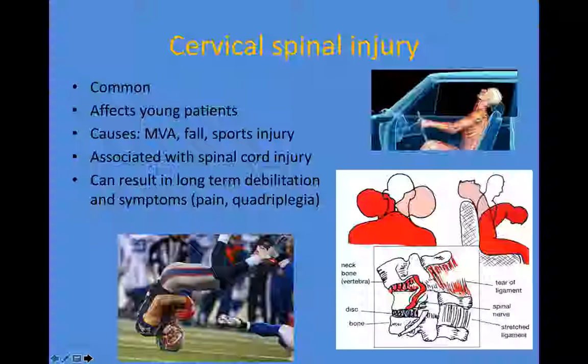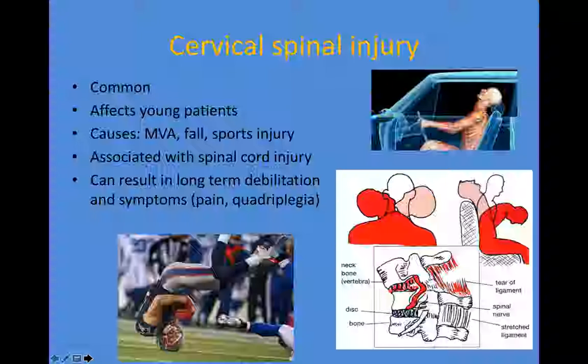So you can see that that demographic is a group of people who tends to be young and otherwise very healthy. Problem is that up to half of these injuries are associated with spinal cord injury, and that can be immediate, happening with the injury 85% of the time in these spinal cord injuries, or you can have 15% of spinal cord injuries that happen in a delayed fashion.